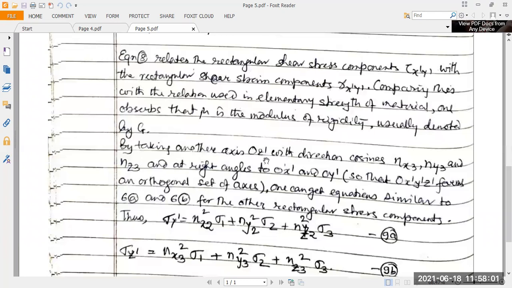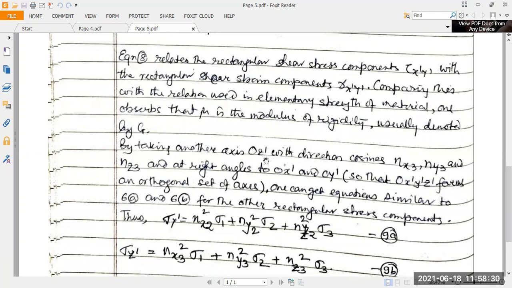Now we have to take into consideration the third Cartesian coordinate axis OZ dash, with direction cosines nx2, nx3, ny3 and nz3, and it is also at right angle to ox dash and oy dash, because ox dash, y dash and z dash is an orthogonal set of axes itself.